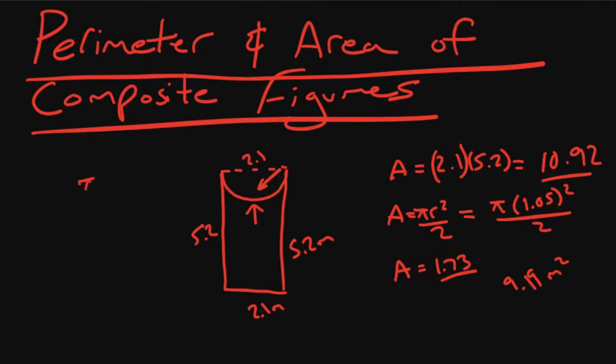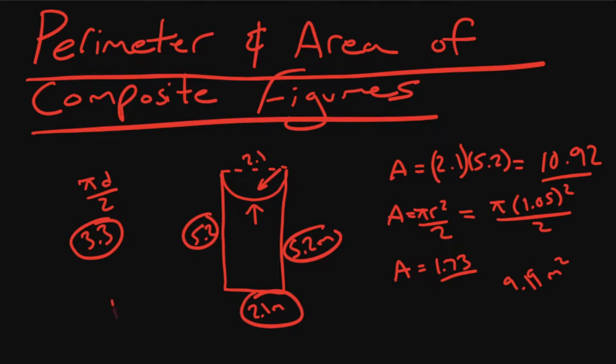And the circumference is pi times d. And for a semicircle, we divide that by 2. And we're left with pi times 2.1 divided by 2. We're left with 3.3. And if you add that with this, you get 15.8 meters.